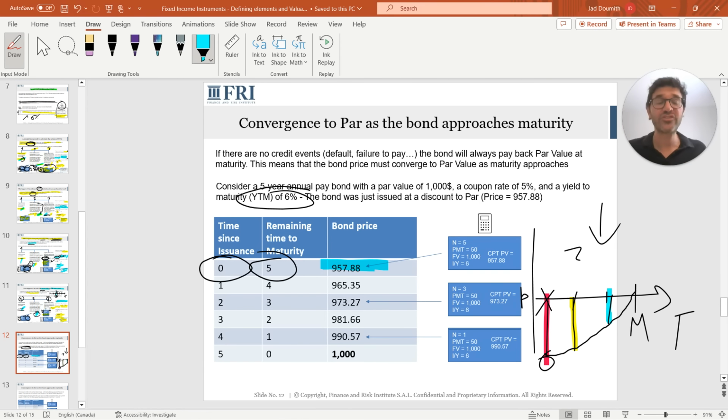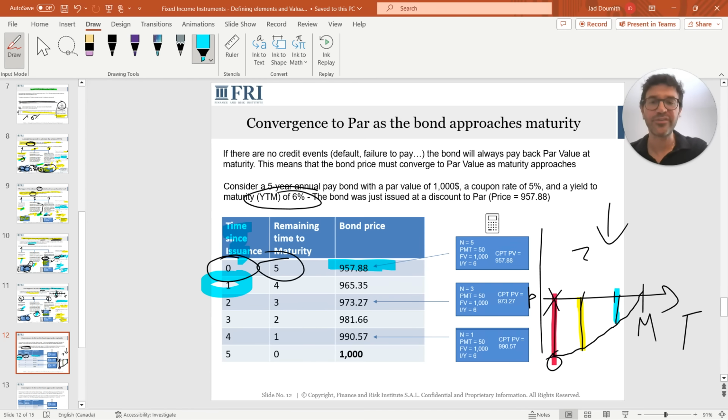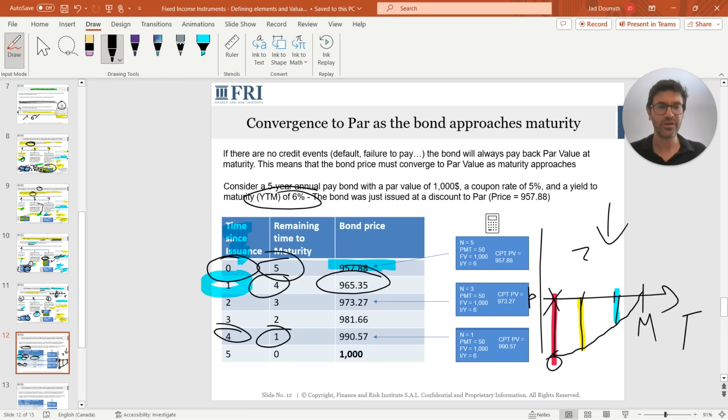Now don't change the yield, assume the yield remained 6 forever, but revalue the bond every year. 1 year later, i.e. 1 year since issuance, the remaining maturity would be 4. Value the bond now and the price will be 965. 4 years after issuance, the bond will have only 1 year remaining to maturity.